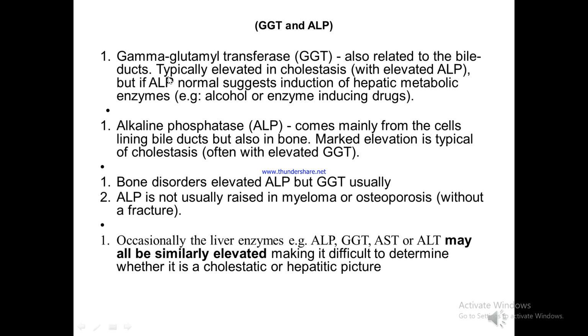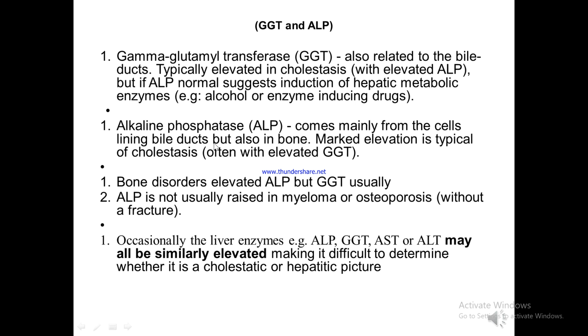But if the alkaline phosphatase is normal, this suggests hepatic metabolic enzyme abnormalities, which may be related to alcohol or enzyme-inducing drugs. Okay, that is when alkaline phosphatase is normal and GGT is abnormal. Alkaline phosphatase comes mainly from cells lining the bile ducts, but also from bone.